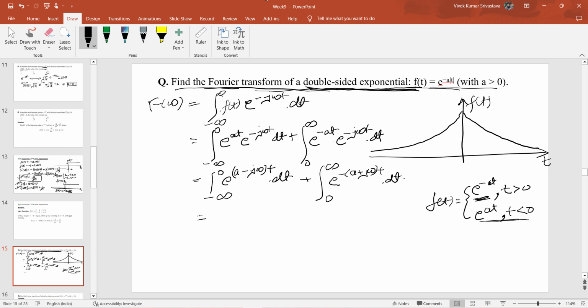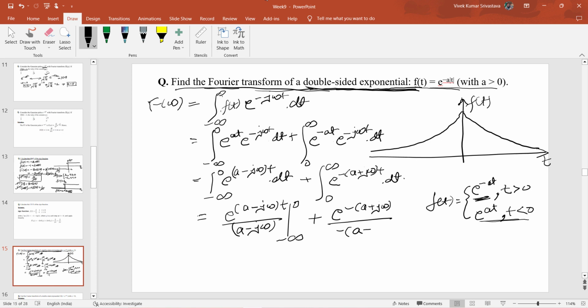Once you integrate this equation, you will get e raised to the power a minus j omega t over a minus j omega, and the limit we can write as minus infinity to 0, plus e raised to the power minus a plus j omega t over minus a plus j omega, and the limit will be from 0 to infinity.